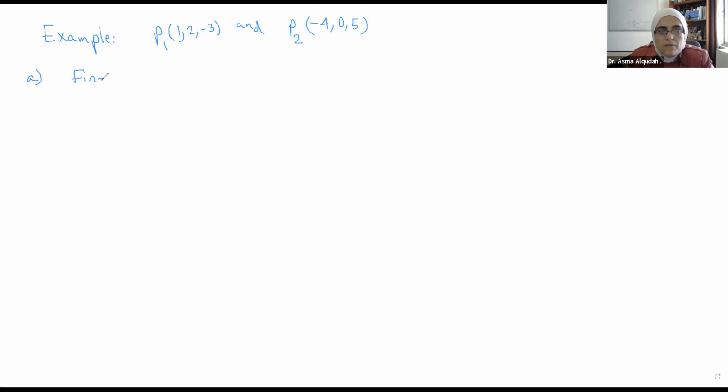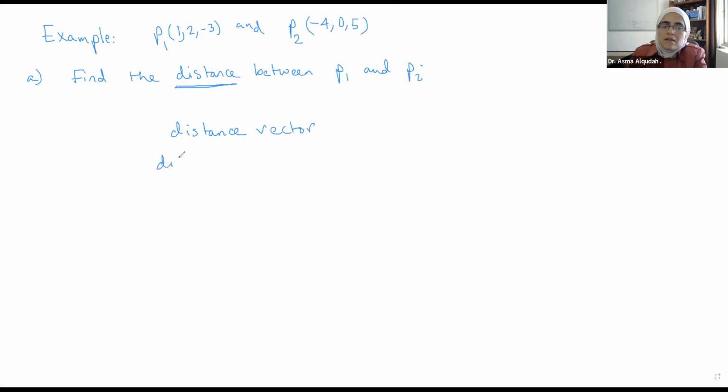Find the distance between P1 and P2. Now, the thing that is asked for is the distance, and it's a scalar quantity. Okay, so if we were asked to find the distance vector, or the displacement vector between P1 and P2, these are vector quantities.